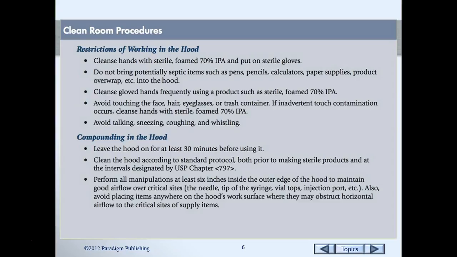We've got to be careful about where we place things in the hood, so that we don't obstruct the airflow. Obstructed airflow is called a zone of turbulence, and it's exponential. So if you place something, you want to think about the air around it being disturbed about 3 times the width of what you're placing in there.